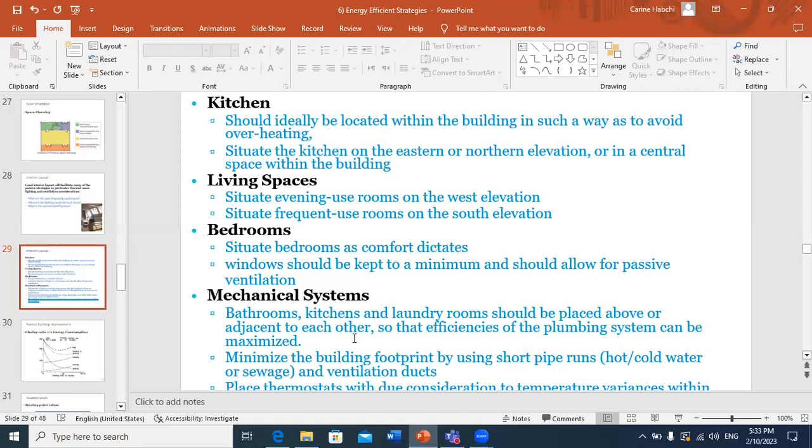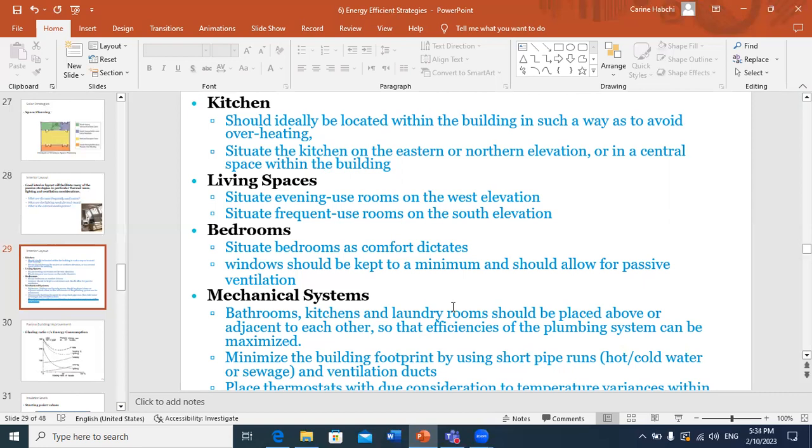For kitchens, we have cooking, we have a lot of activities also, and laundry rooms. All of these require the placement of mechanical systems and of plumbing devices. That's why they should be close to each other to enhance the efficiency of these systems.